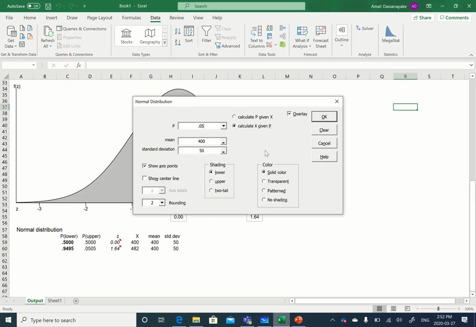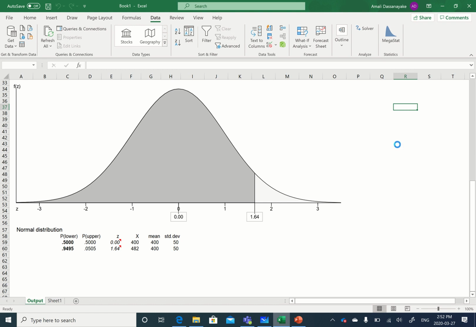Select the second option, assume the same mean and standard deviation, and provide the area to the left. Always in Megastat, when using the option calculate x given p, you need to provide the area to the left of the x value you are looking for. Click OK.